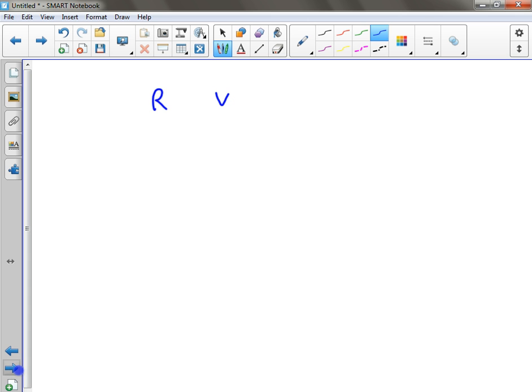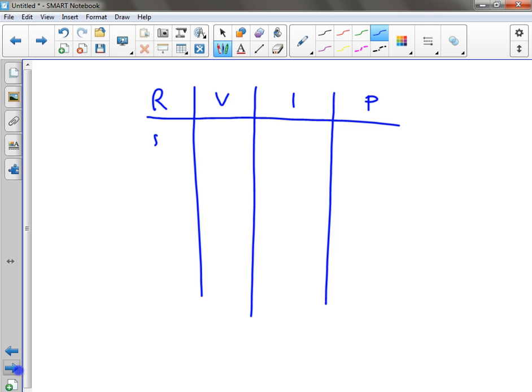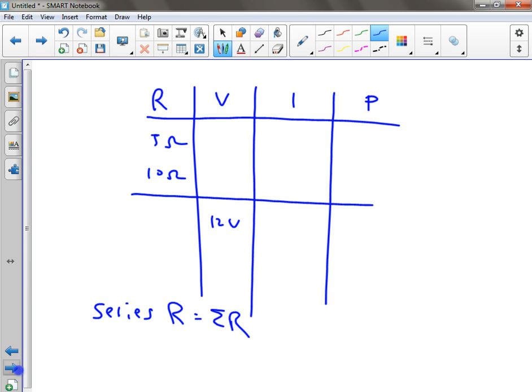If I do an RVIT chart, I know I have a 5 ohm resistor and a 10 ohm resistor connected to a 12-volt battery. Because this is a series circuit, the resistances simply add up, so my total resistance would equal 15 ohms. Knowing that I equals V divided by R, I can solve for I to equal 0.8 amps.